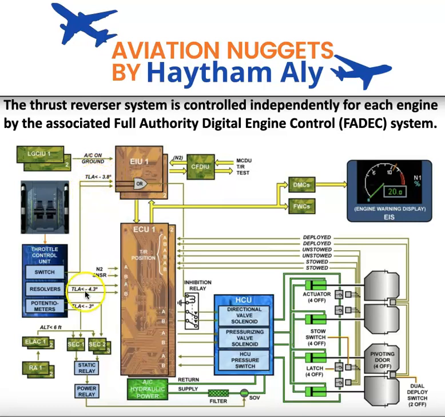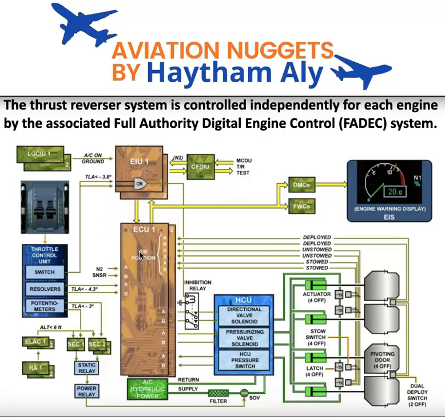Okay, so now when the throttle lever angle is at minus 4.3, the resolvers inside the throttle control unit will tell the ECU of a thrust reversal request.